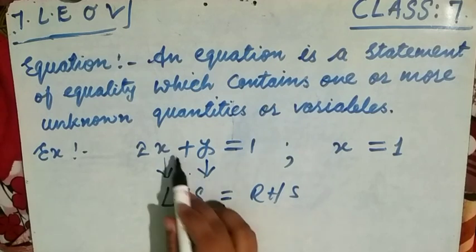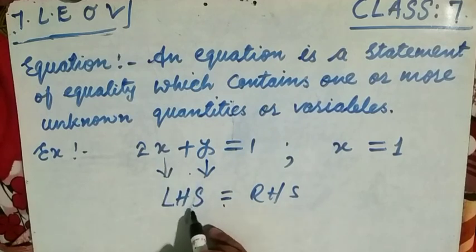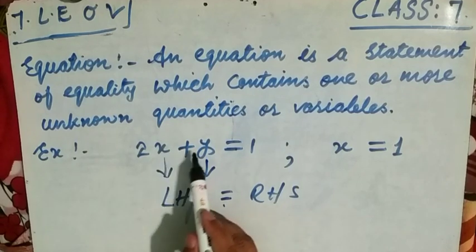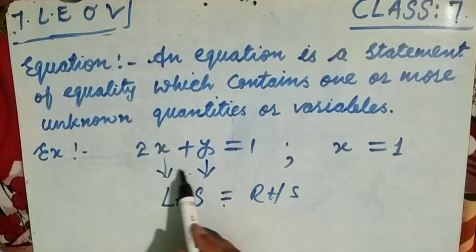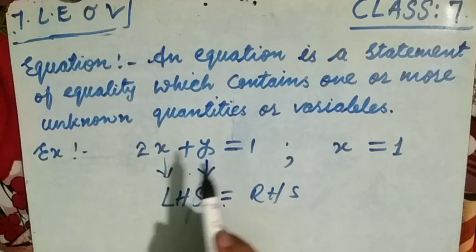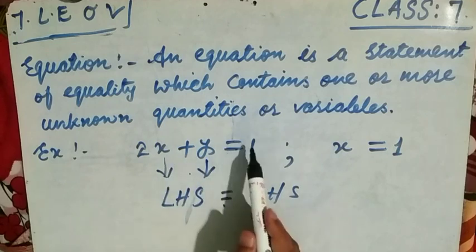Then this is called an equation. Once again, an equation is a statement consisting of one or more variables with the equal sign.